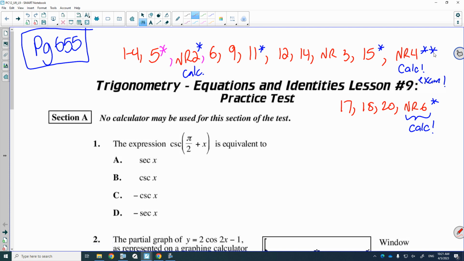NR4, I got a double star for some reason. Again, calculator. You write, don't bother doing it algebraically. Some of these questions are designed, can they figure out that they could just punch this into their calculator? 17, 18, 20, and I want you to write next to NR6, that is a calculator question.